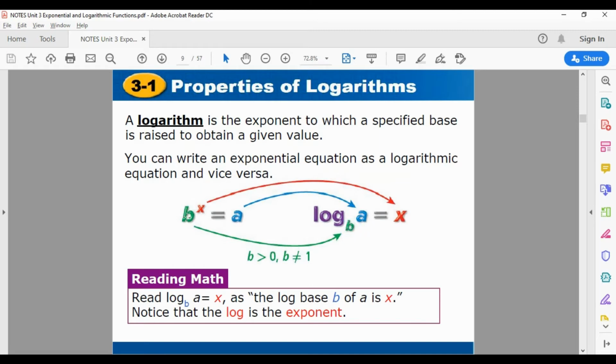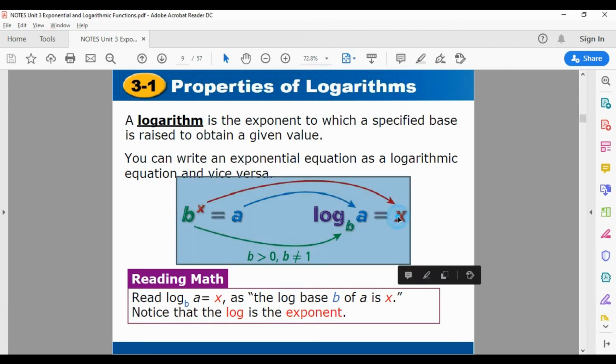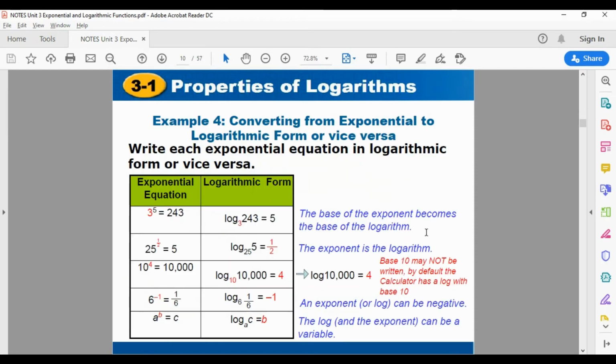So b to the power of x equals some number a. Well, then the logarithm base b, so b is the same value, of a is equal to x. The way that I interpret logarithms is I say, okay, b to what power is equal to a, and that power value is what is going to be x.